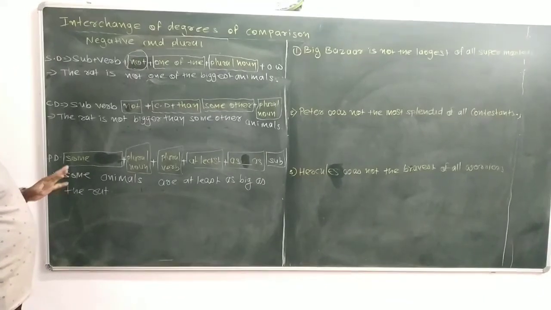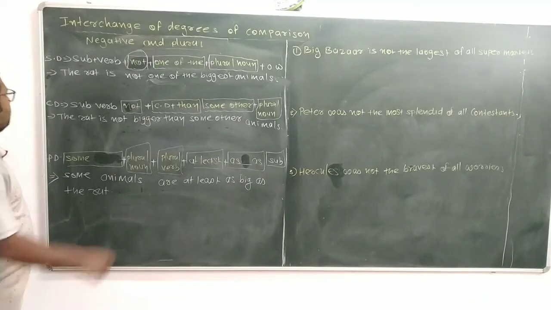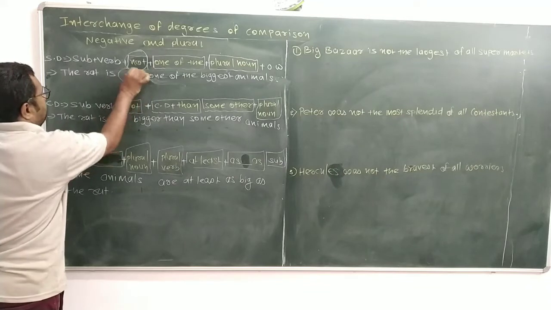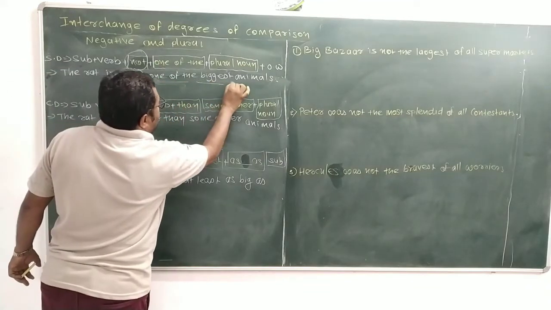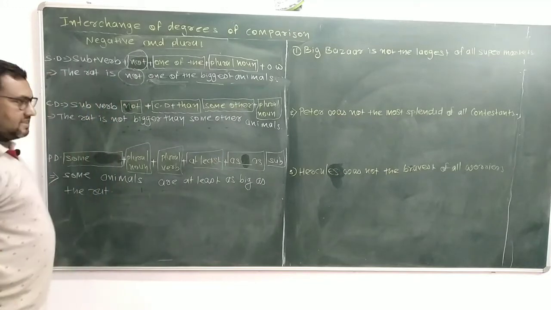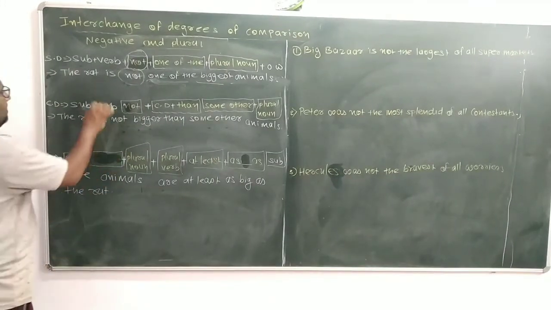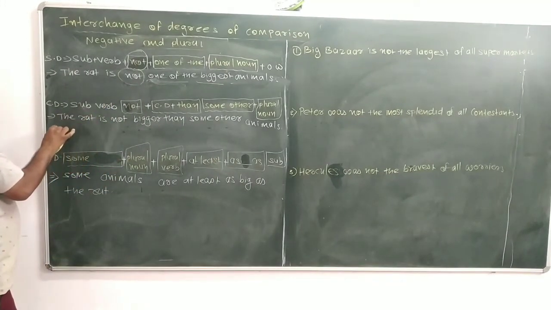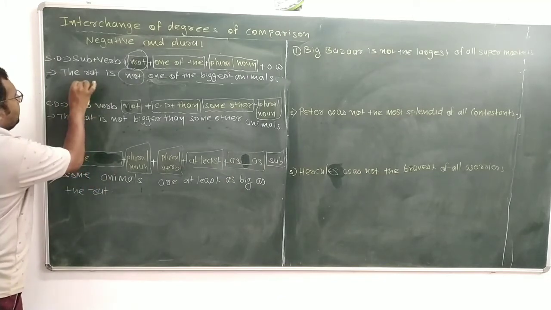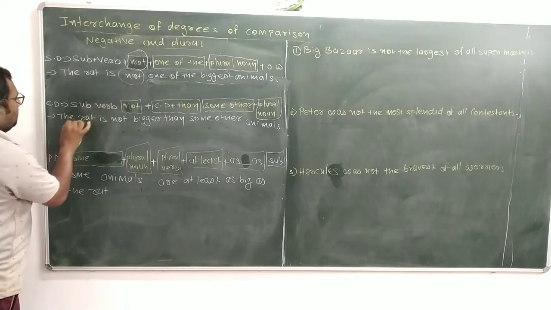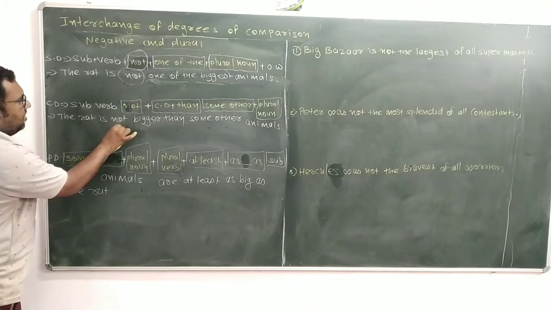Okay, let's see the example. The first sentence is: the rat is not one of the biggest animals. Here we are going to change it into the comparative degree. First of all, the rat is not.